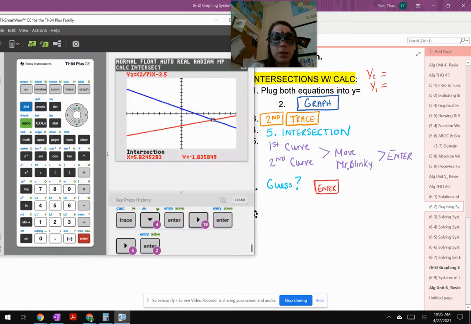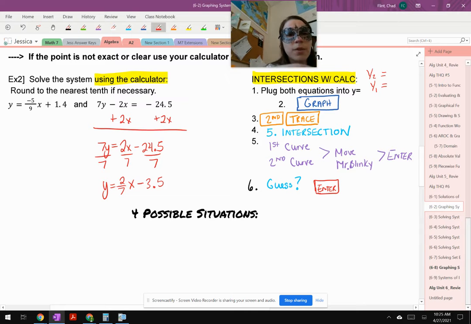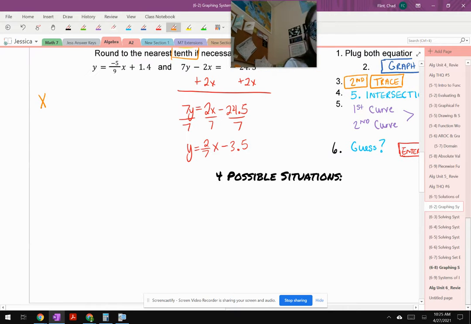Okay, so then looking at my point of intersection, clearly you can tell there's no chance that I was going to be able to accurately guess 5.8245, and negative 1.83549. So my directions tell me to round to the nearest tenth if necessary.